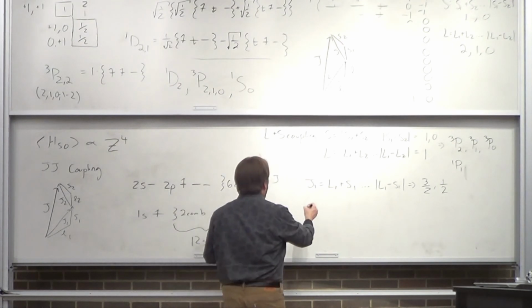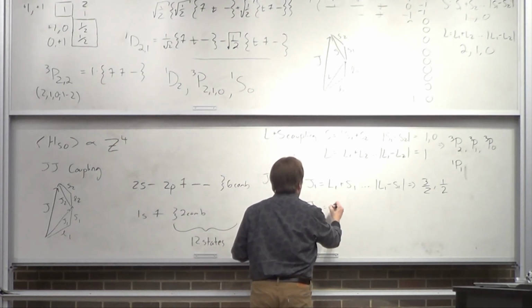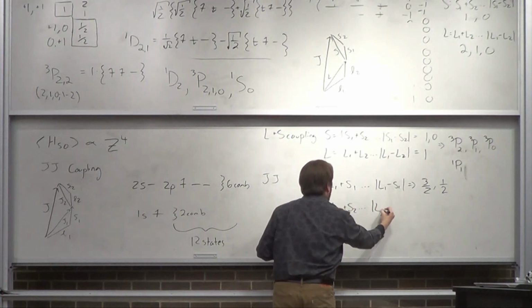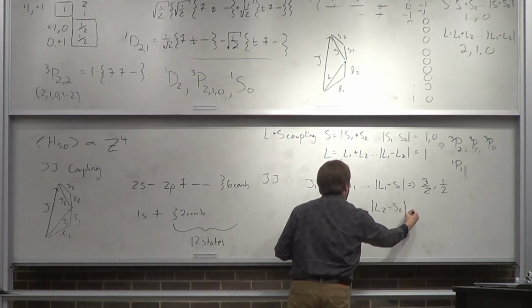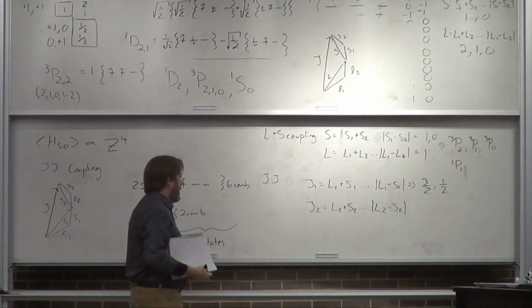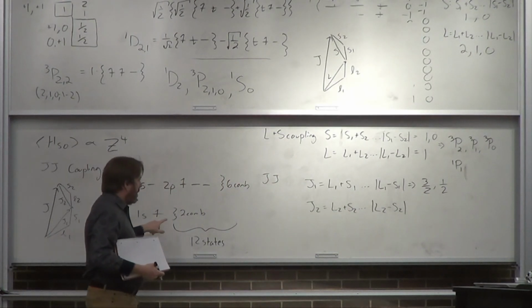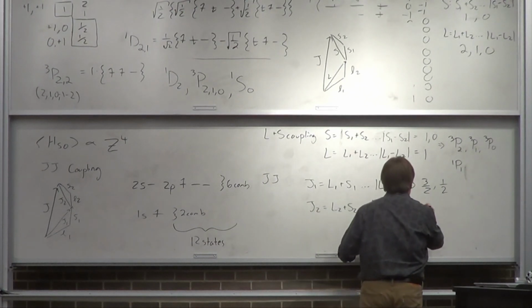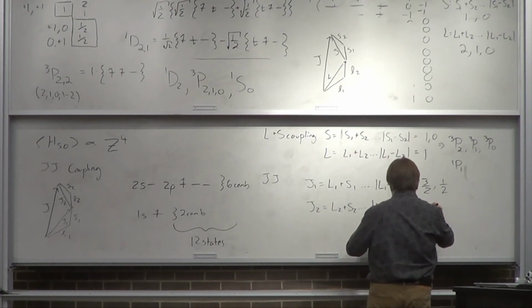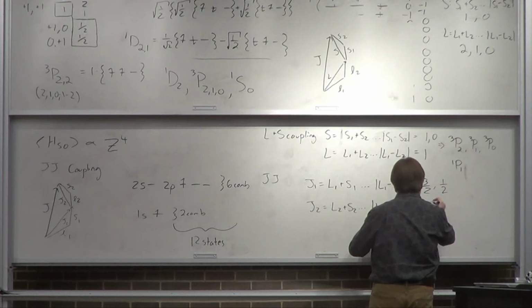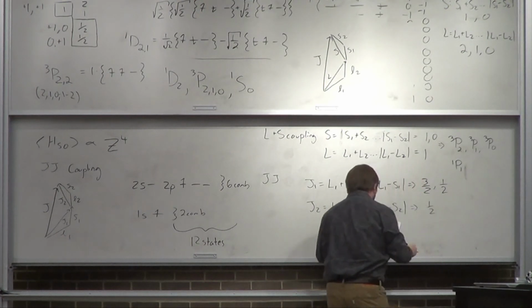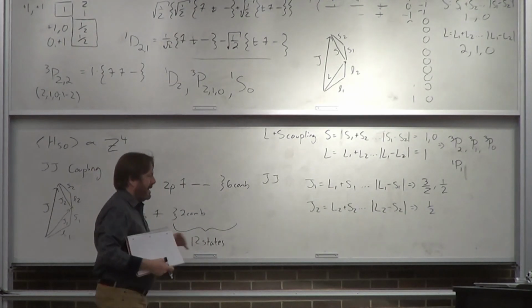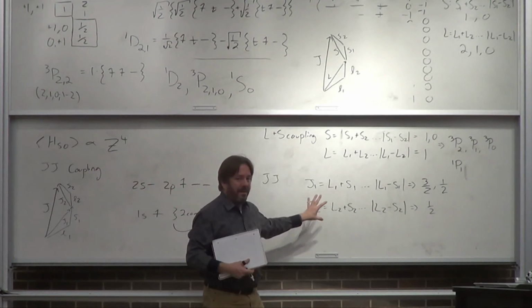Now let's do J2. As usual, the vectors add this way. 0 plus a half, 0 minus a half. That's just 1 half. There's no minus a half, right? Now, we're not done.